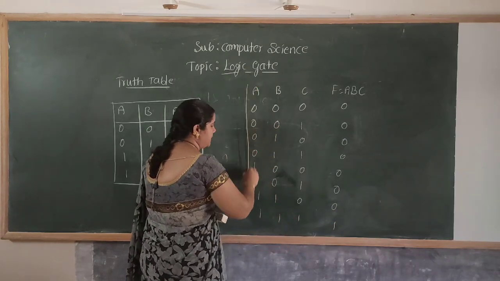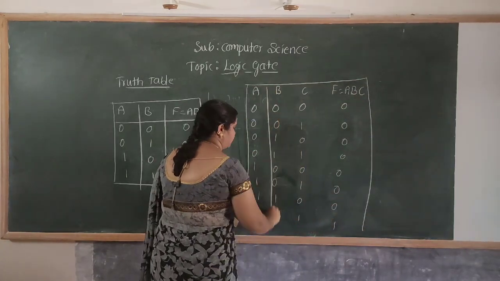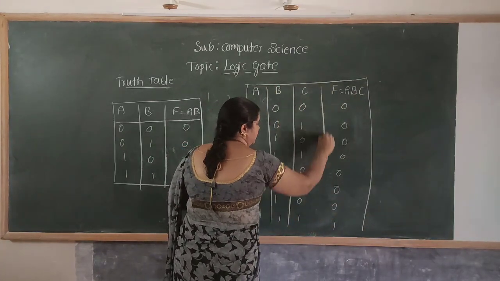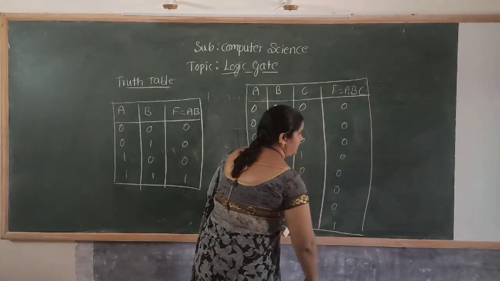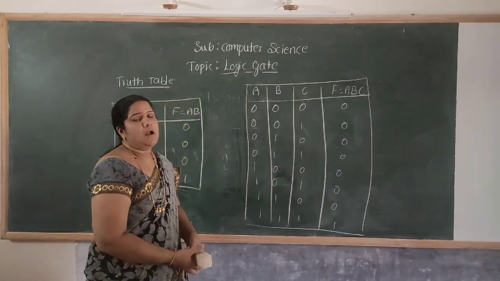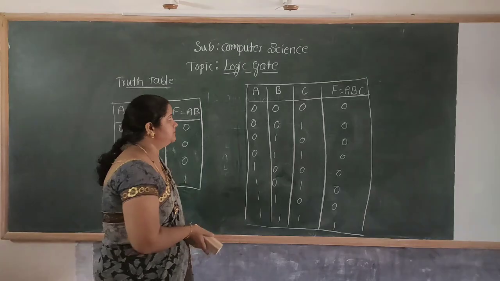This is the truth table for the AND gate using three inputs. Next, we have to know what the OR gate is.